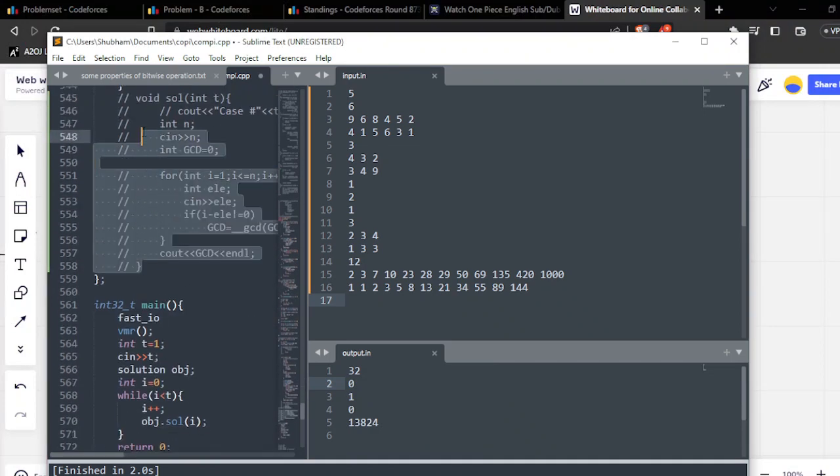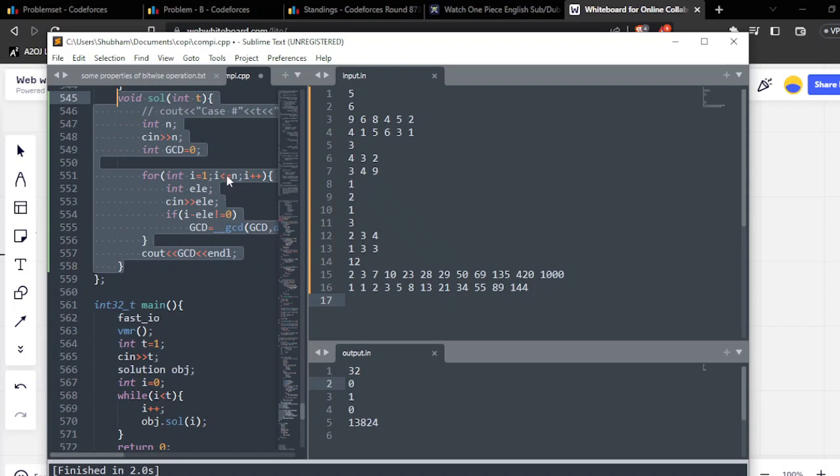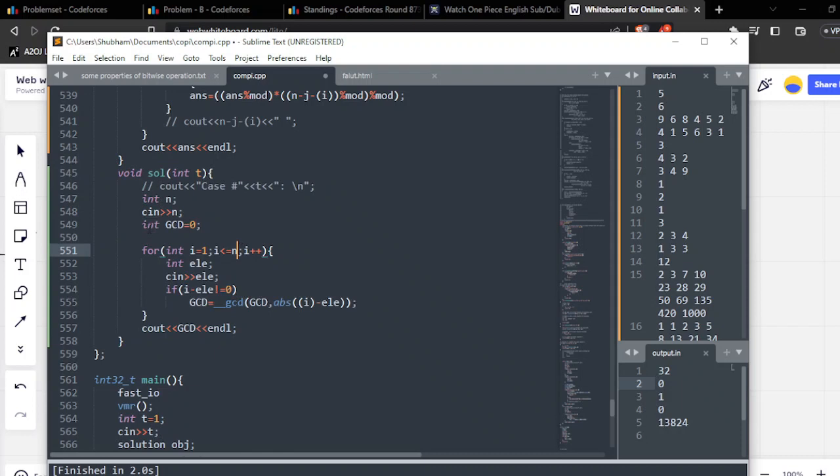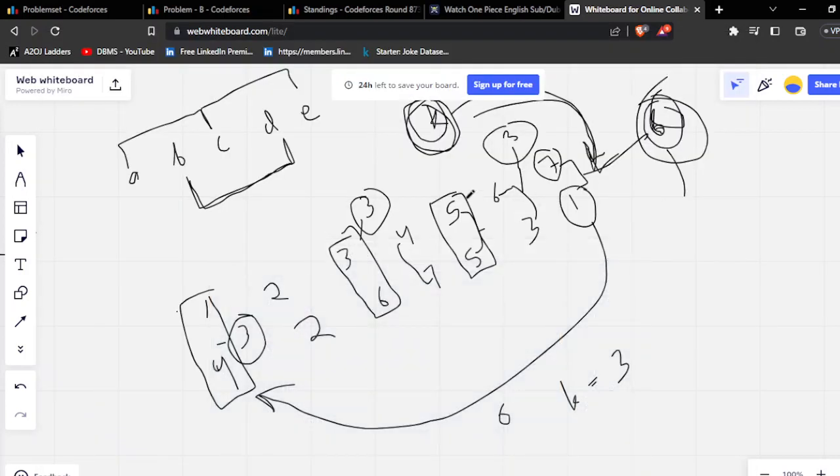This is the code part of this problem. What I have done is calculate the GCD. I start with GCD equal to 0, because the GCD of 0 and any number is equal to that number. I take an element as input and check if i minus element is not equal to 0, since 5 minus 5 should not be counted.